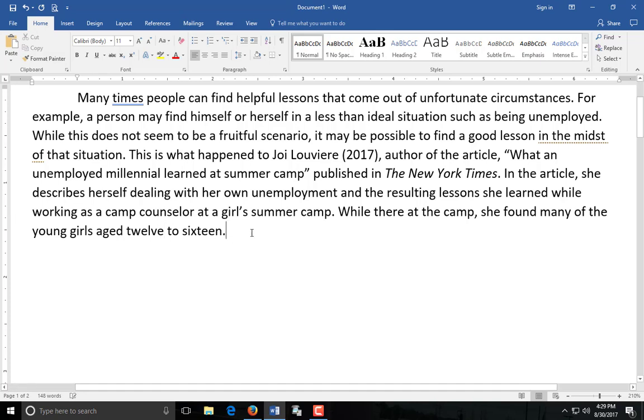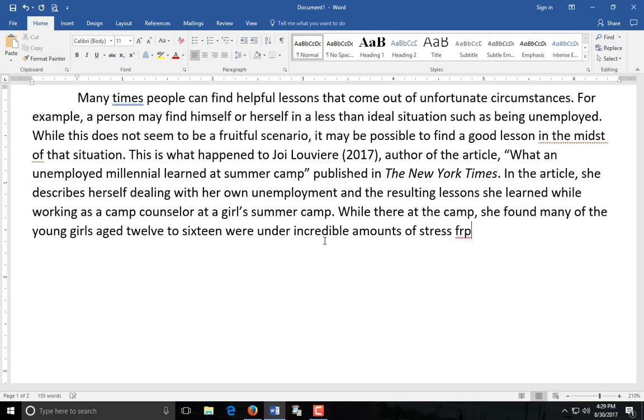She found many of the young girls aged 12 to 16 were under incredible amounts of stress from somewhat inconsequential issues.